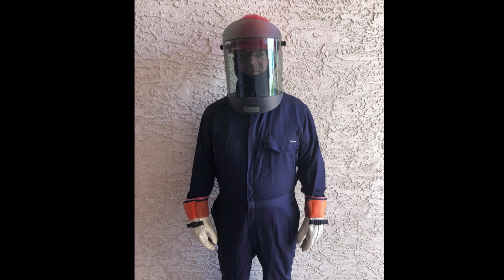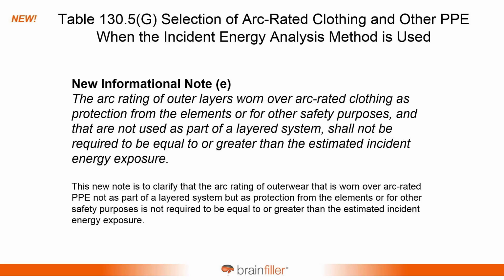So once the arc flash is over, even though it doesn't have a very high rating, it stops burning. And that was the concern. If you have something that's not arc rated, it can continue to burn. And if you have that on top of arc-rated clothing, that could end up causing a problem. So the question has been answered. You can wear outer layers for protection from the elements and for safety purposes as long as they have an arc rating.